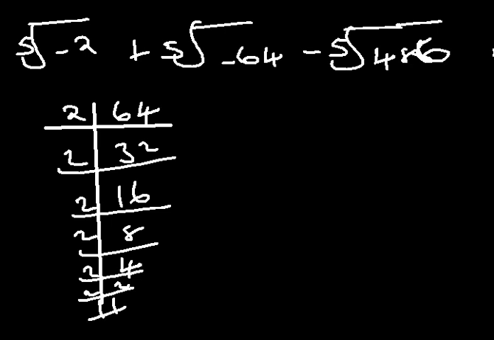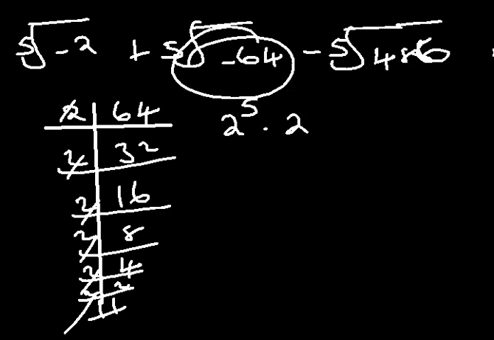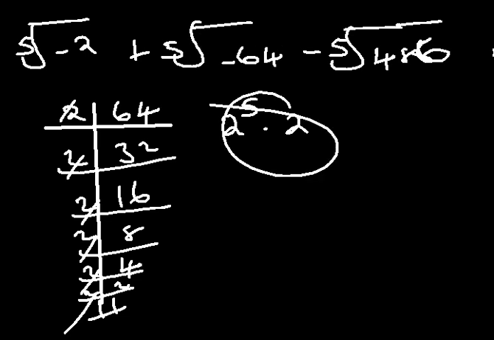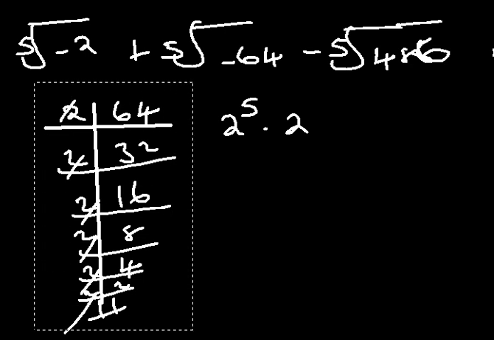So I have 1, 2, 3, 4, 5, 6 factors. But the interest is to have the power of 5. So we'll have 2 to the power of 5 times 2, which means this expression can be expressed in this way. That's the working principle behind that.